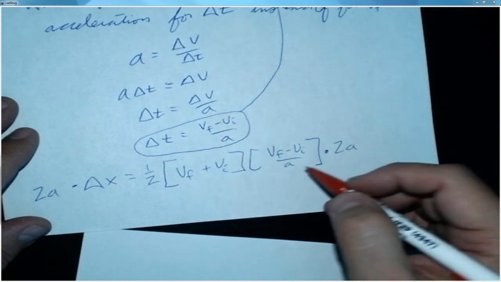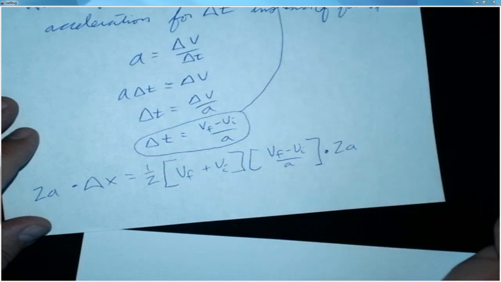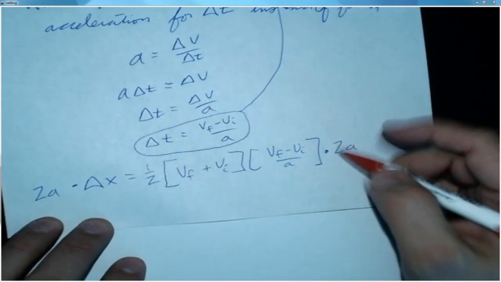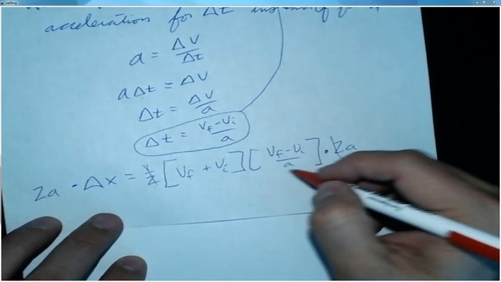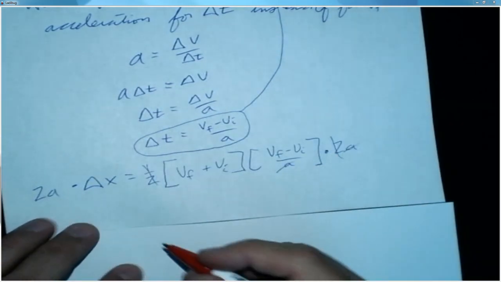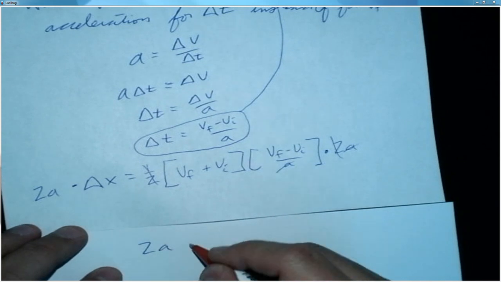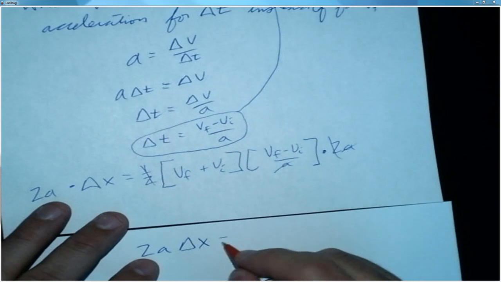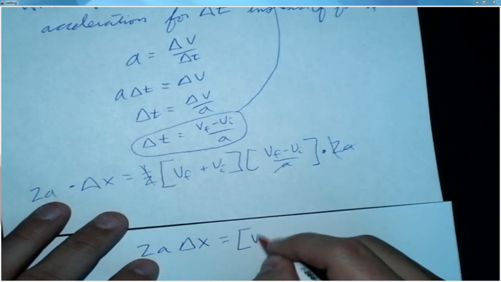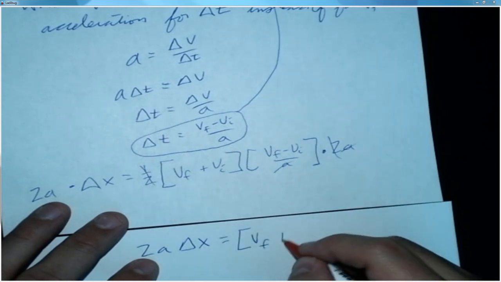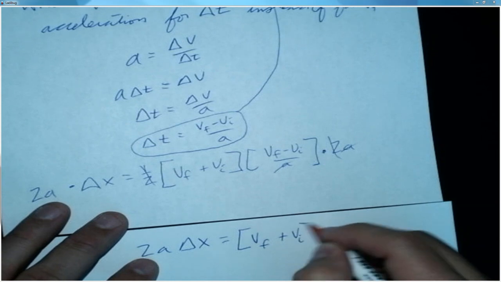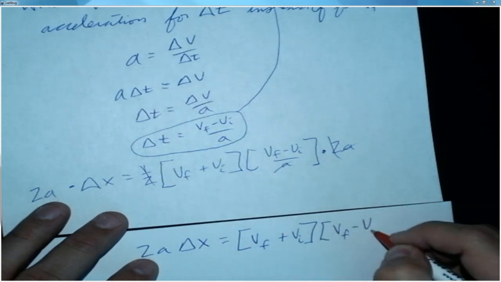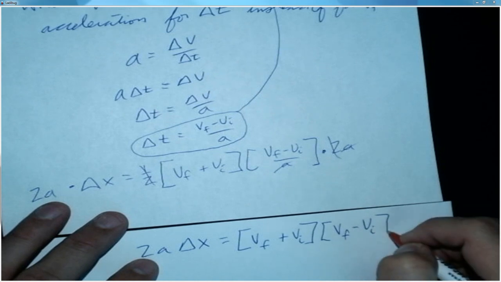And A times 1 over A becomes 1 also. That's cool. All right, so I'm going to get 2A delta x is equal to VF plus VI times VF minus VI. Oh, you should recognize this kind of thing.